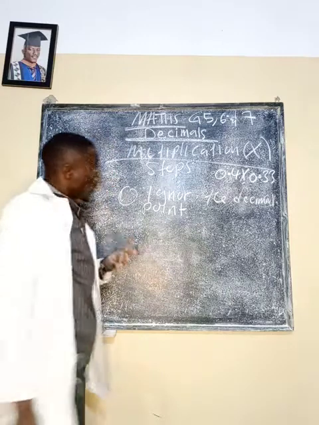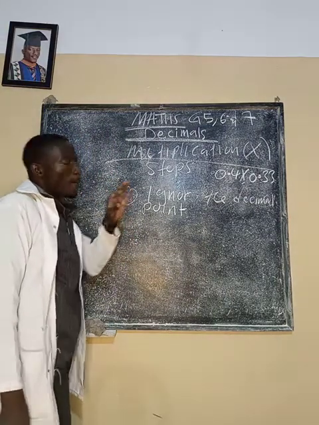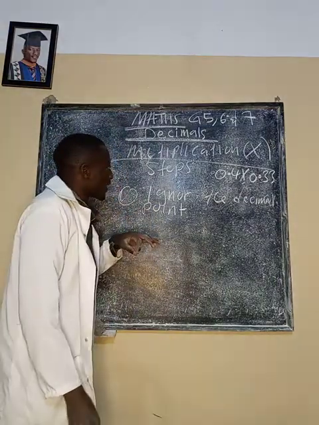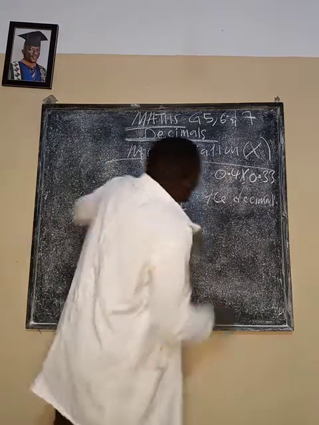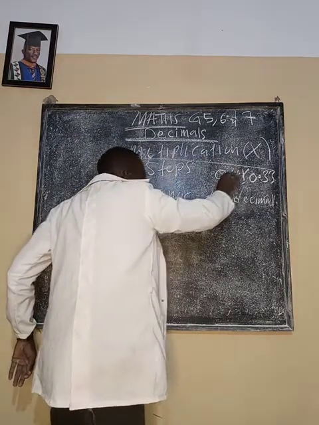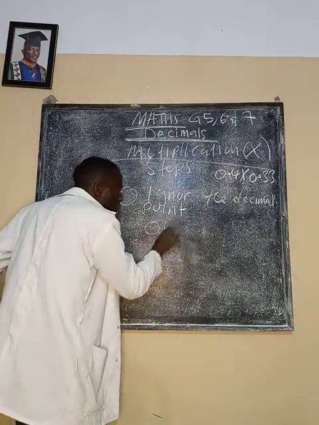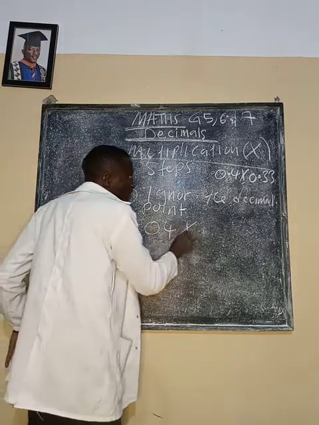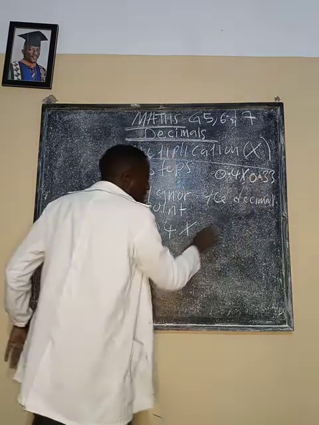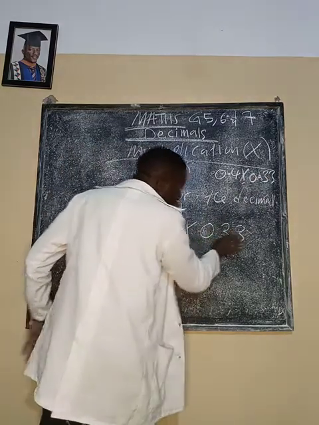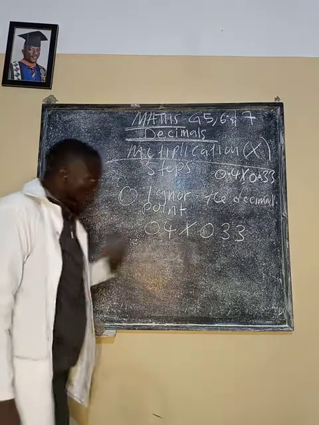When we say ignore, ladies and gentlemen, boys and girls, what are we talking about? We're talking about deleting, removing this so that 0.4 times, remove that, it becomes 0.33. That's what they mean by ignore.